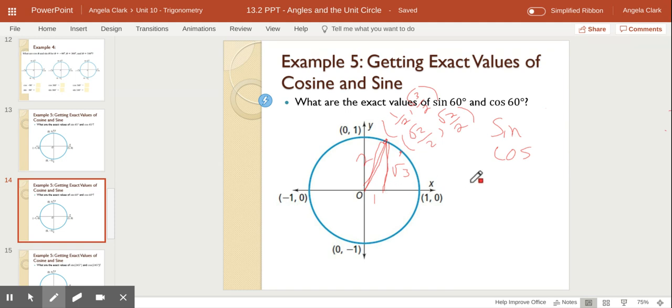So either way, sine is this one, square root of 3 over 2, or opposite over hypotenuse, square root of 3 over 2. And cosine is adjacent over hypotenuse, or 1/2. Also this one, right? Okay, so that would be my 60-degree angles.